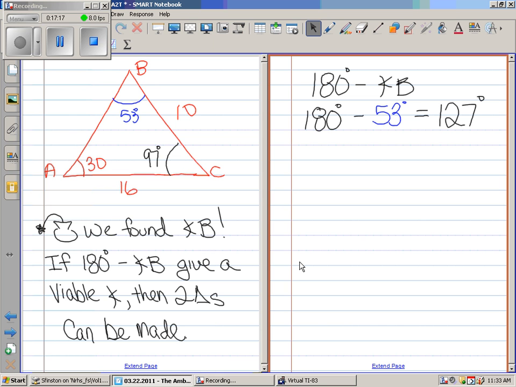127 is another possibility for angle B. But will it fit in the triangle? Let's see. 127 degrees is another possibility. Well, we're going to find out.